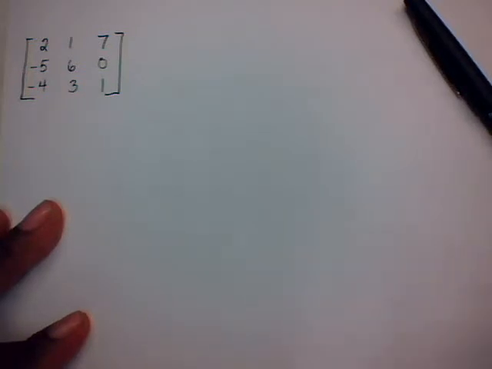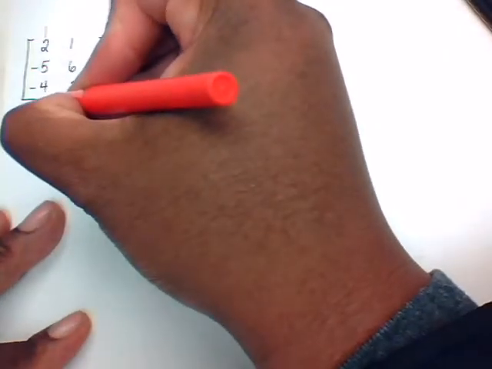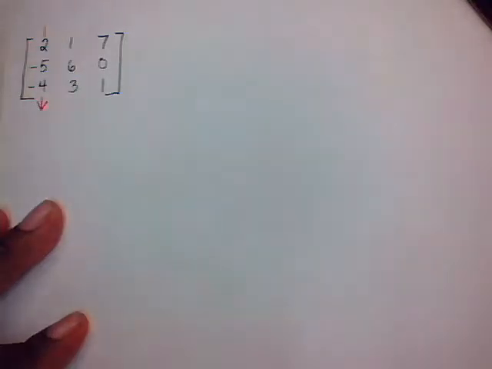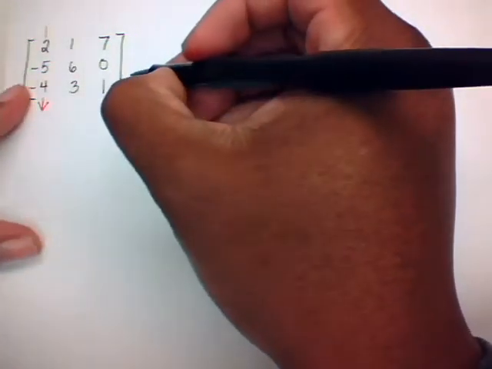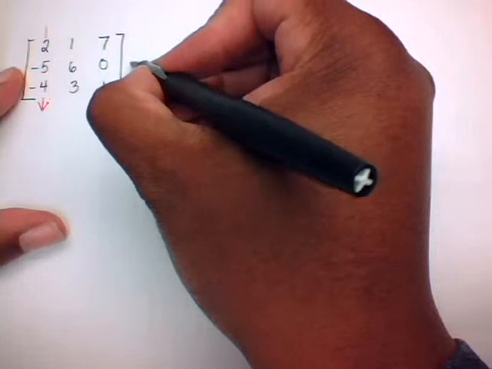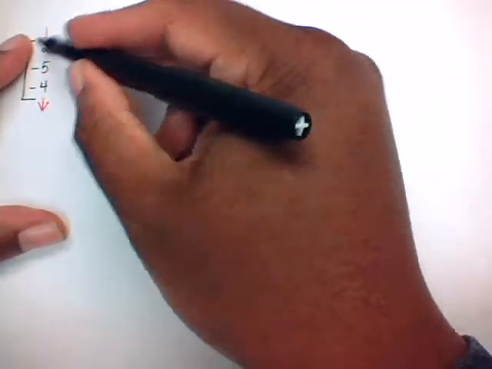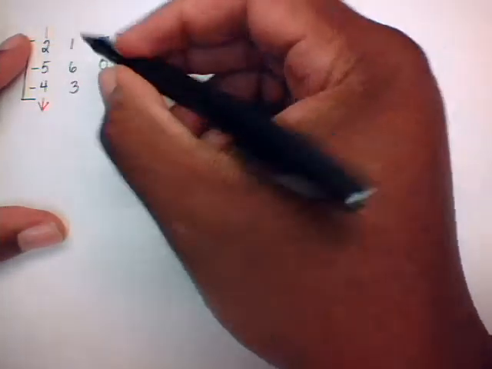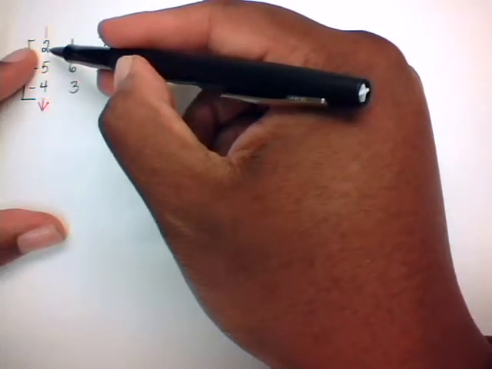Okay, what I'm going to do here is use the first column of this matrix. Here's the first column that I'm going to use. Then I'm going to find the minor for each numerical factor by deleting the row and the column of that element. The first element is a 2, in the first row, first column.